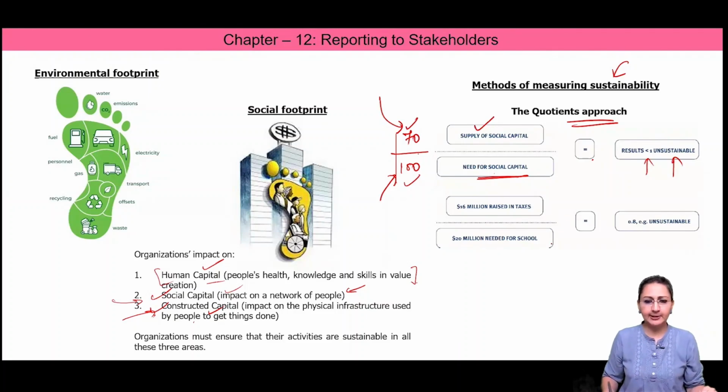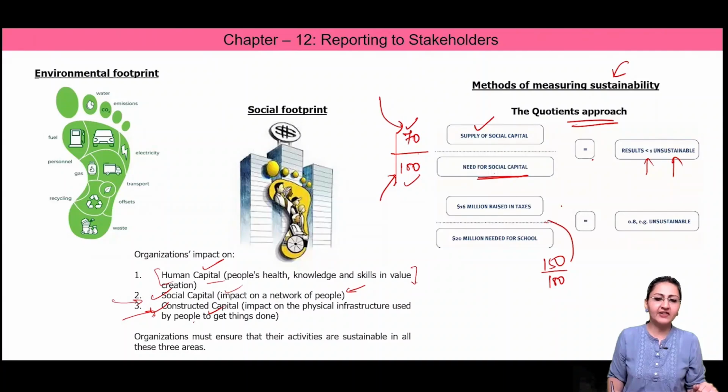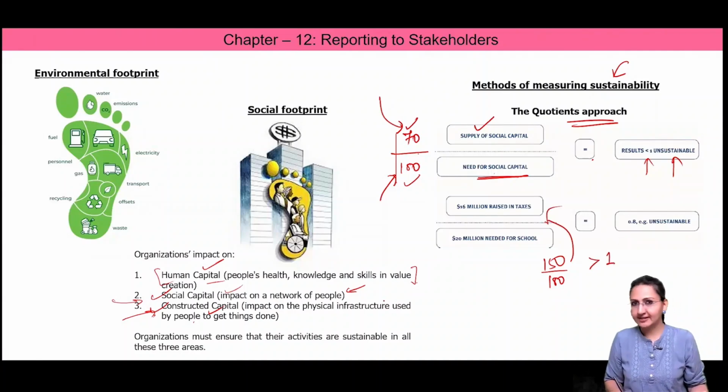But if it is reverse, that means you are taking 100, but giving back is 150. Supply is giving back 150. This is more than 1. That means this is a sustainable business. You are giving more than what you are taking. What you are taking is your need and supply is what you are giving. So this is the quotients approach.